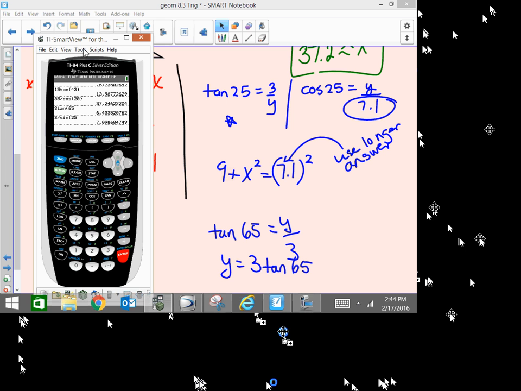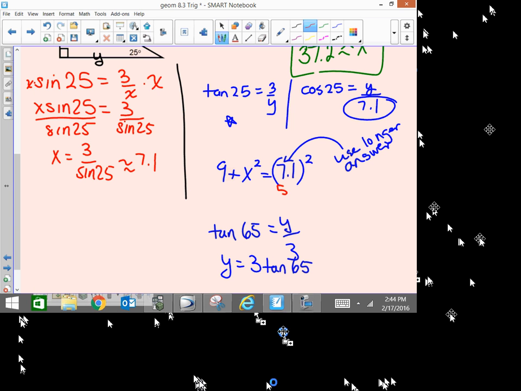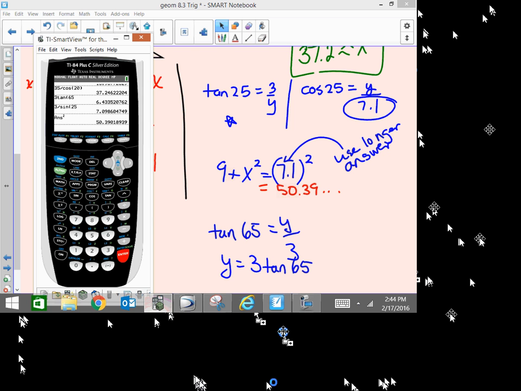Yes, it's rounded eventually, but inside there, that you can't see, I'm going to square it. Now what could I do to solve this? That's 50.39, blah, blah, blah. Subtract 9. And then square root.